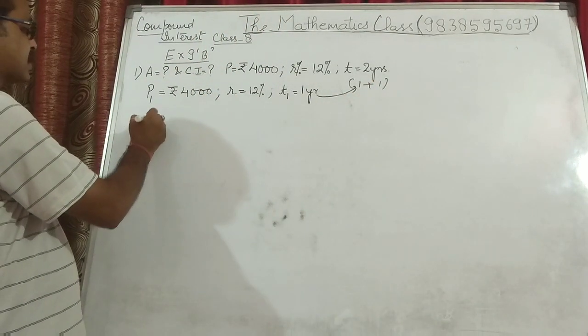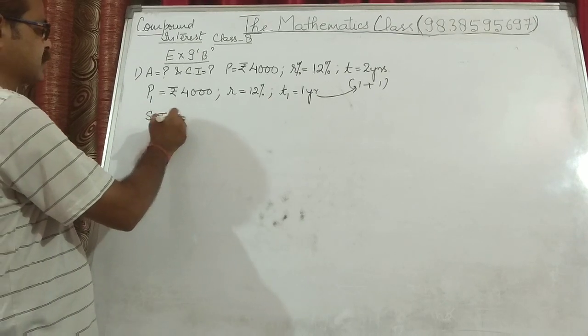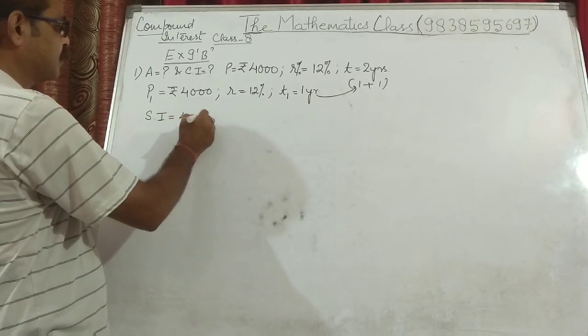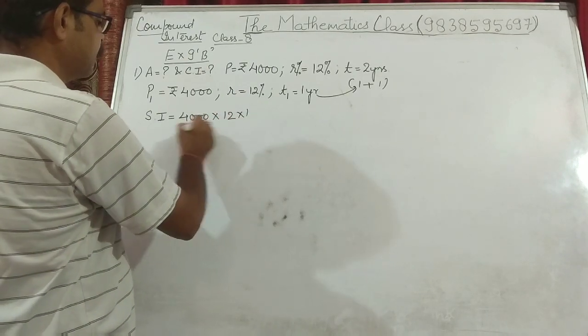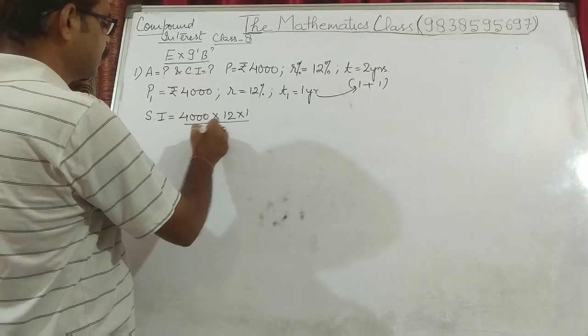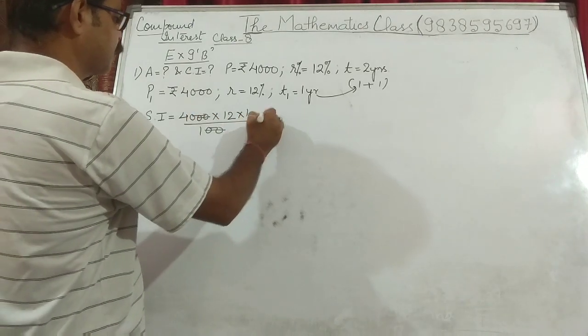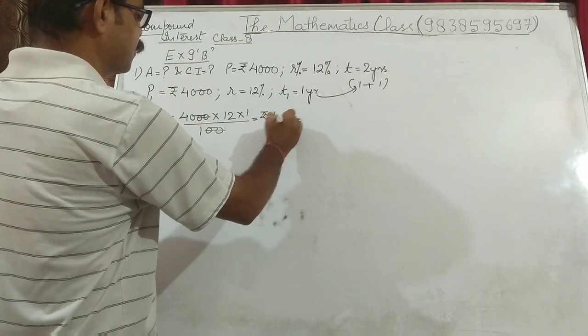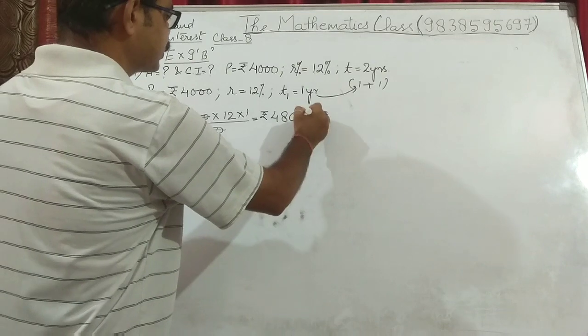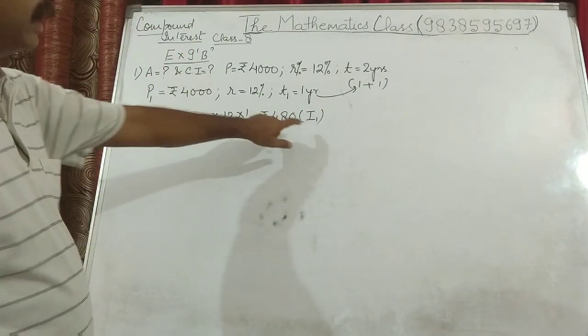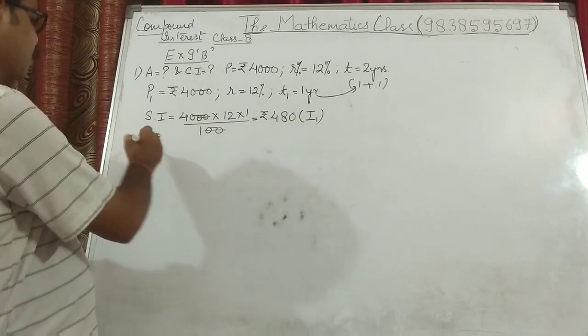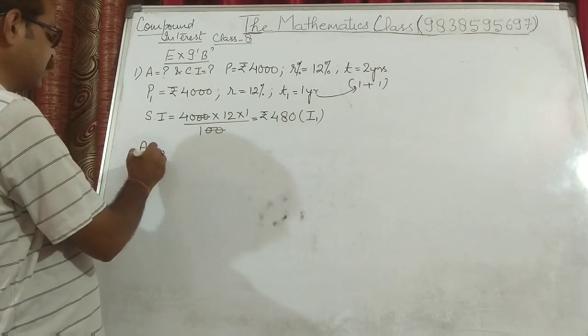Now we know that simple interest is P, that is 4000, into rate 12, into time 1, upon 100. The zeros cancel, and 12 fours are 48, so it becomes rupees 480. This is your interest after 1 year. So what will be the amount after the first year?